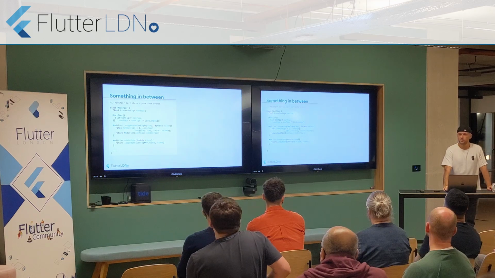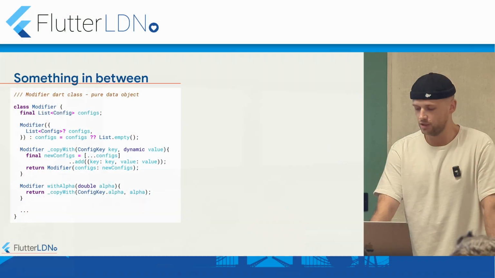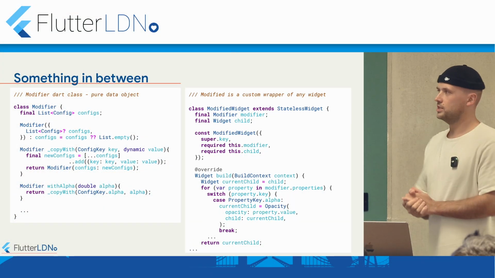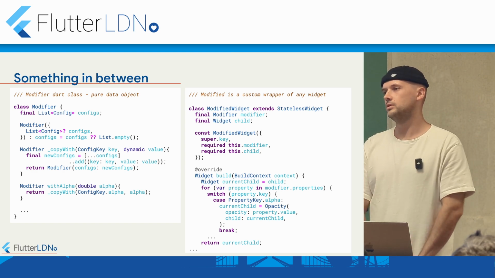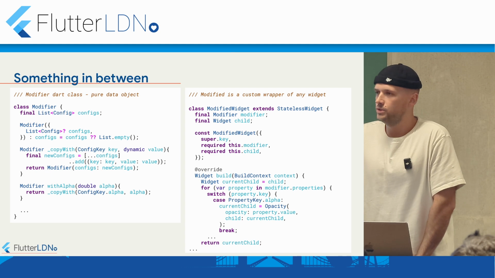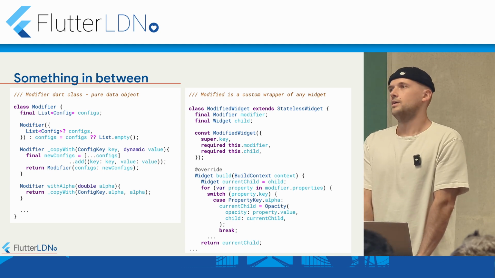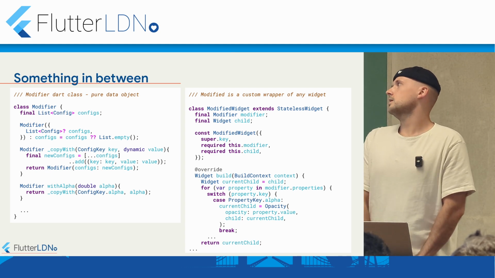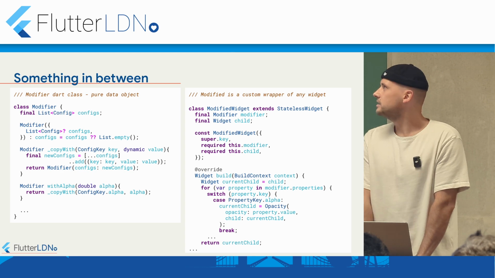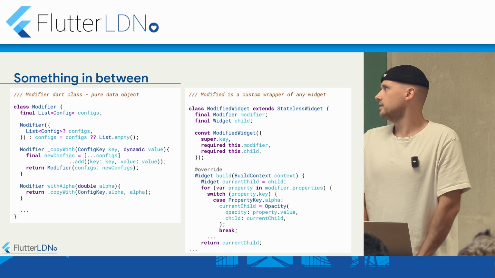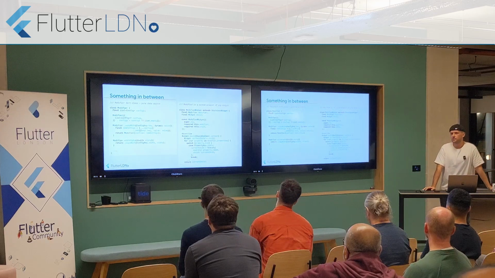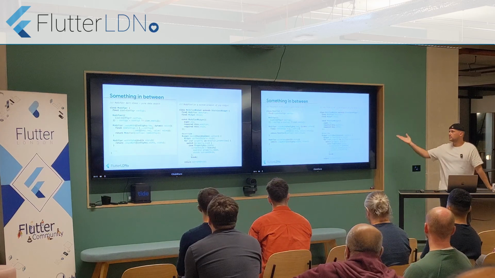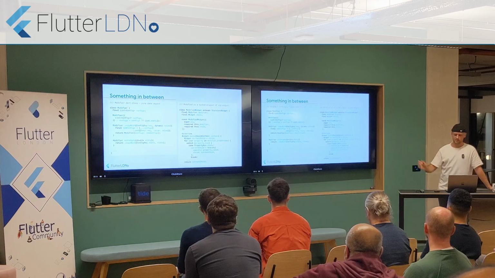And on the right, I will present to your attention just one widget, which is modified, which is going to be a wrapper over any other widget, any other child. You can probably recognize something like a container in it. In the end, it is like a container because container also has all this stuff inside, but handles it in a different way. So just modified container.